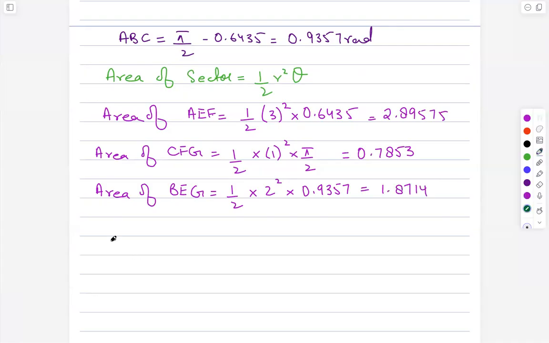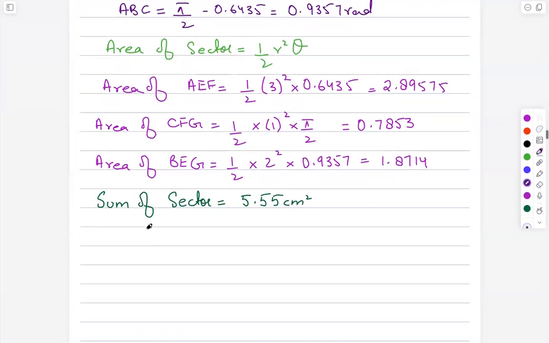So the sum of the areas of sectors, we'll add all of these three areas: 1.8714 plus 0.7853 plus 2.89575, which is equal to 5.55 centimeters squared. Subtracting it now from the area of the triangle.